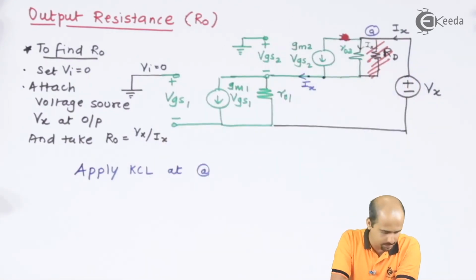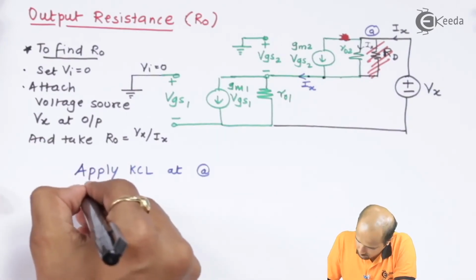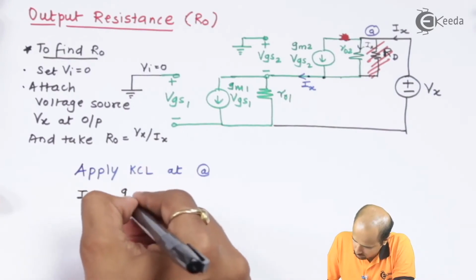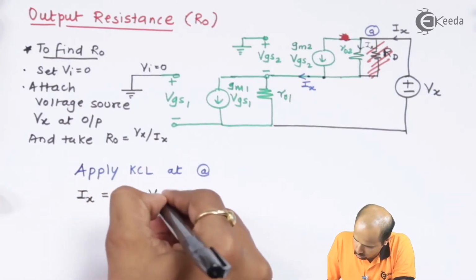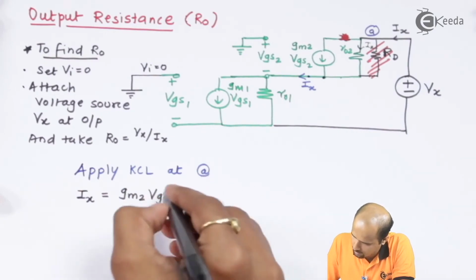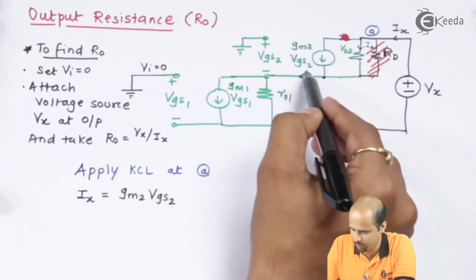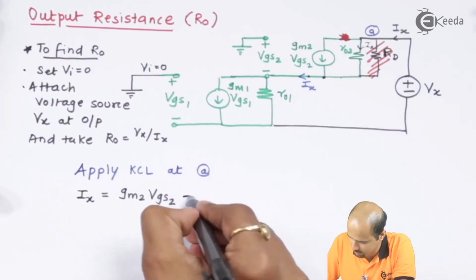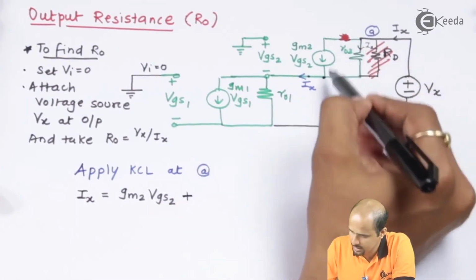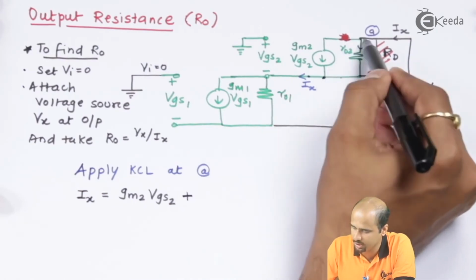I can say that Ix is equal to gm2 VGS2, right? gm2 VGS2 plus, this is nothing but the voltage difference.